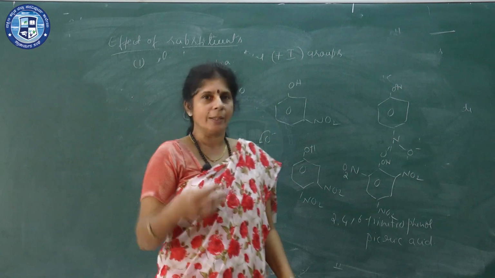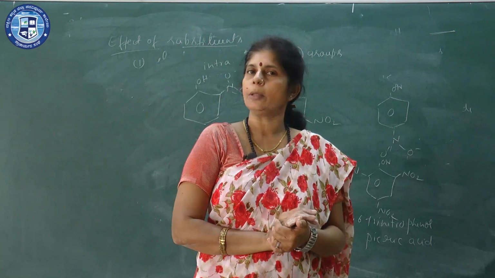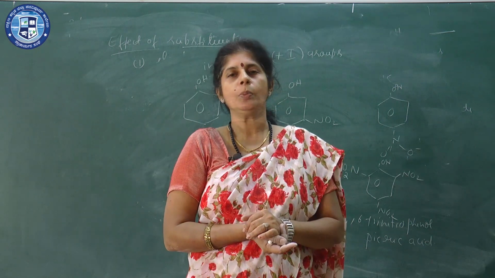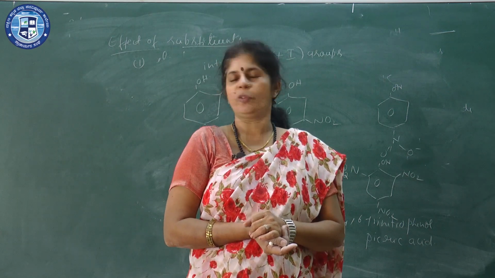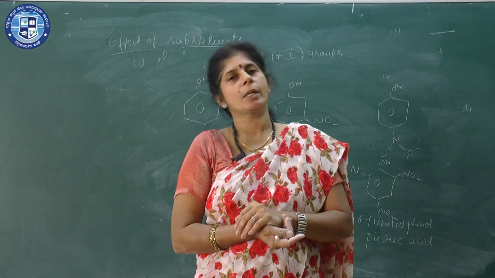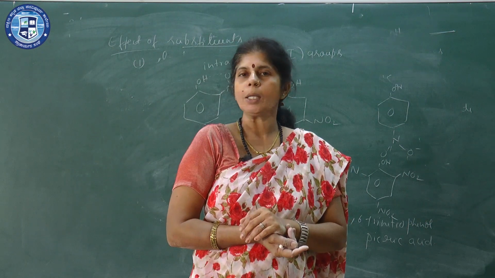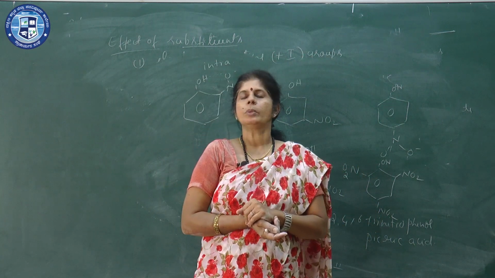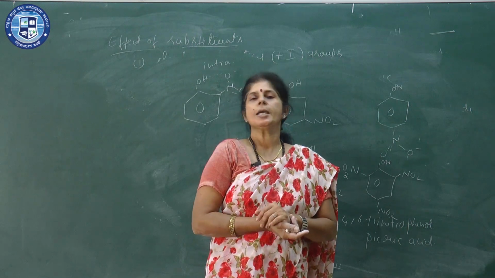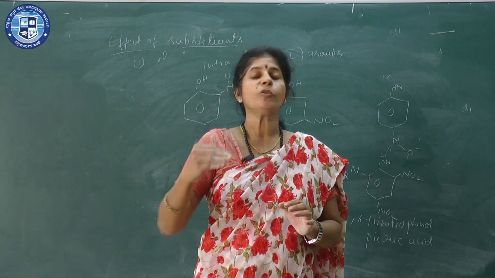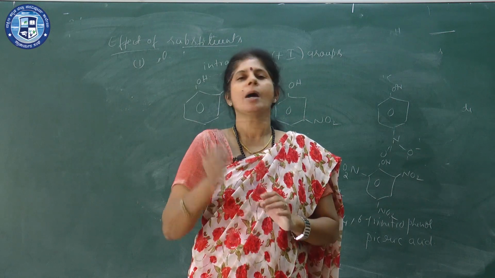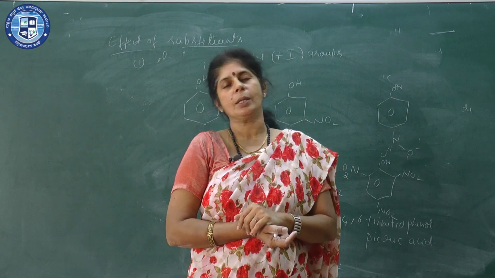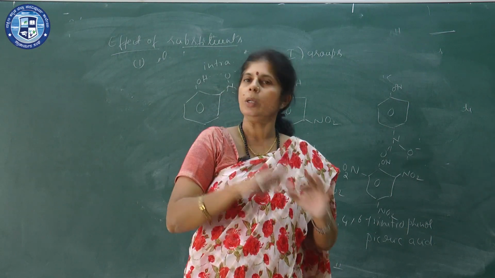Right? So it is clear that the presence of an electron donating group reduces the acidic character, and the presence of an electron withdrawing group increases the acidic character of phenols. As the number of donating or withdrawing groups increases, the effect changes accordingly. If the number of electron withdrawing groups increases, acidic character goes on increasing, so 2, 4, 6 trinitrophenol has the highest acidic character, whereas if electron donating groups increase, acidic character goes on decreasing.